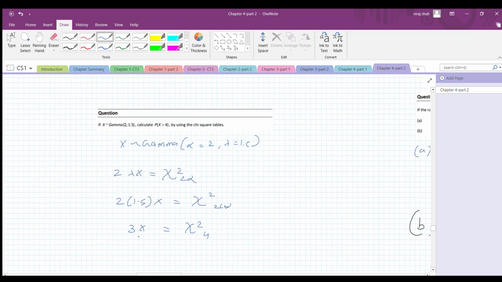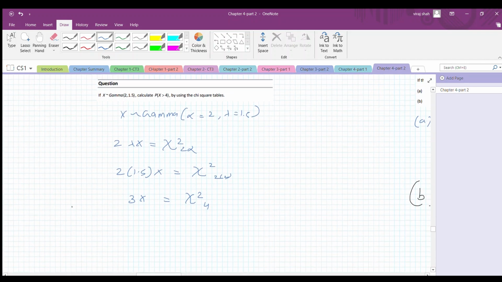If I were to find the probability of x greater than 4, I can only find it if this is 3x, right? Because then only I can find chi square and do further things. So now I multiply by 3 on both sides.